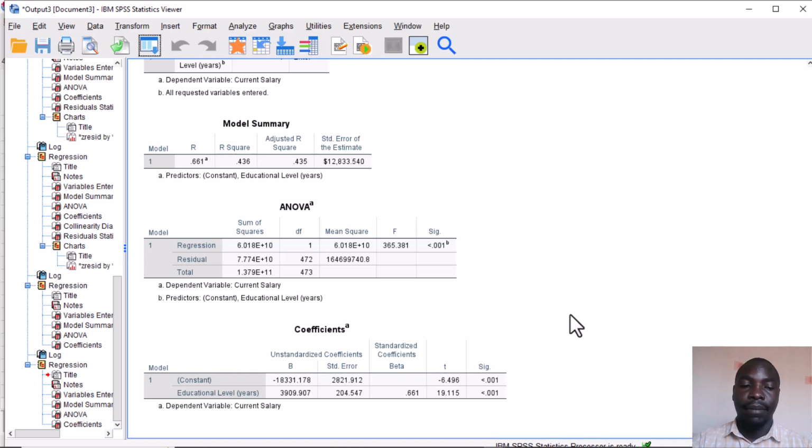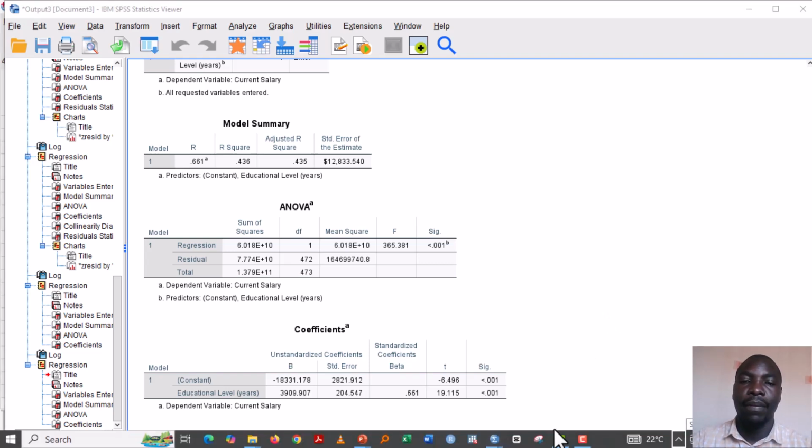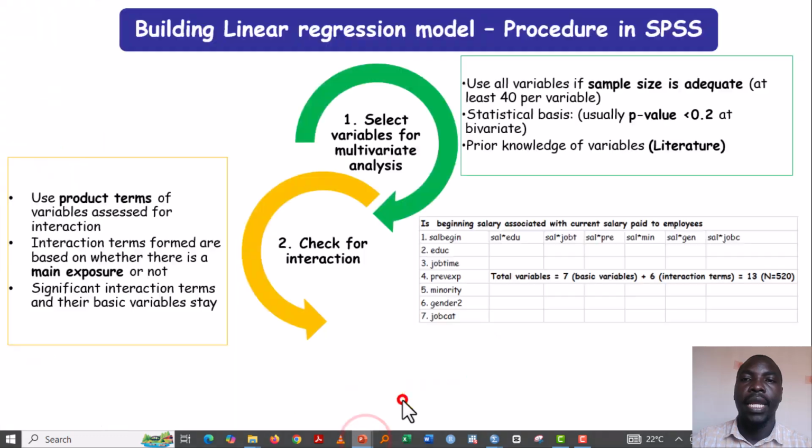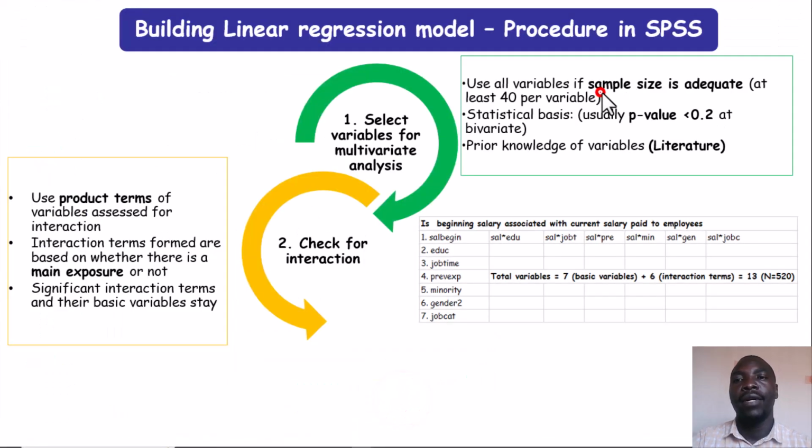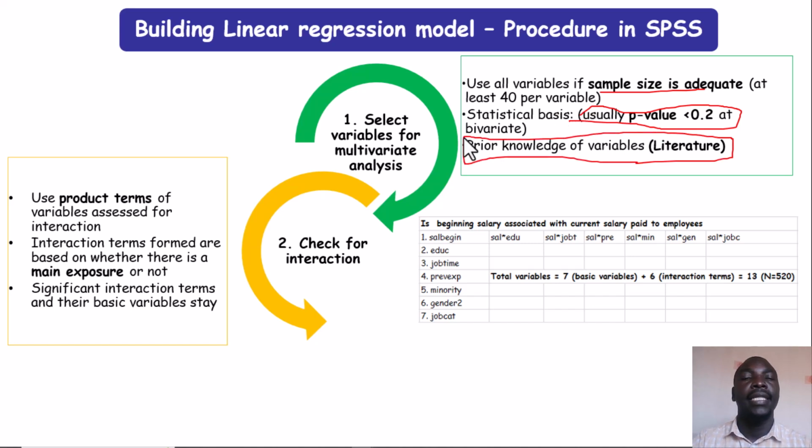We are still in the process of selecting which variables to include in our model. Sample size was not adequate, so we are using the statistical approach. So we shall assume all our variables have a p-value less than 0.2, and so they all qualify to go in for multivariate analysis.